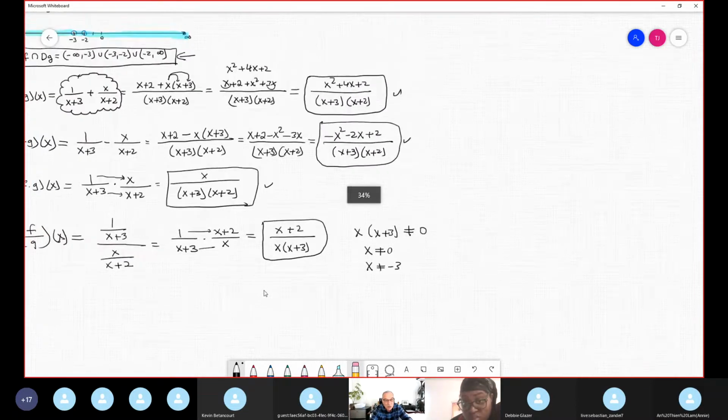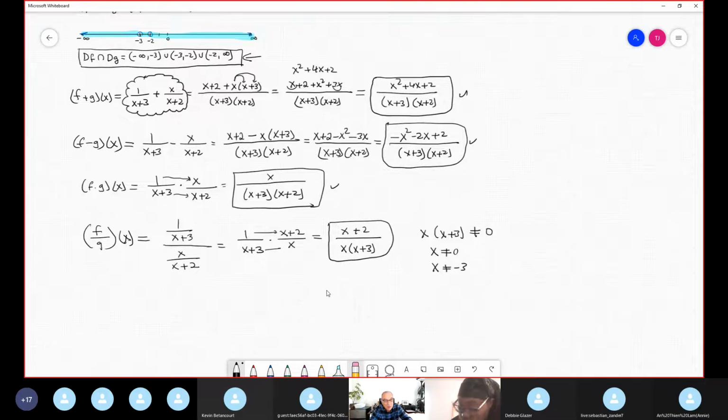So in our domain we have two holes, at negative 3 and at negative 2. But in the division a new hole appears at 0. The expression for the domain is a little more complicated.